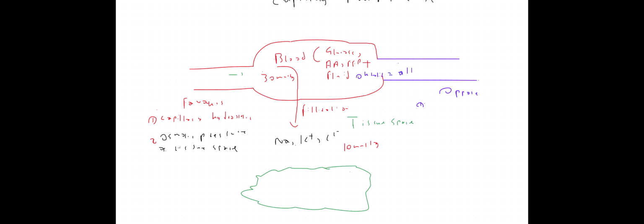When it is very high, it will not allow the fluid to go out. It keeps the fluid within the capillaries. So plasma oncotic pressure will not allow the filtration to happen.